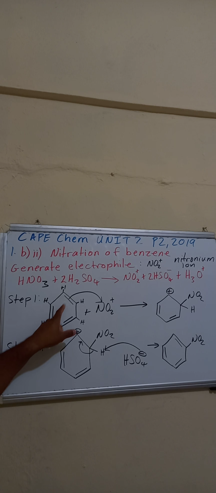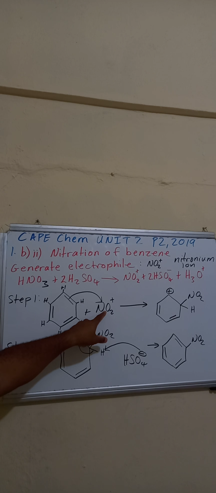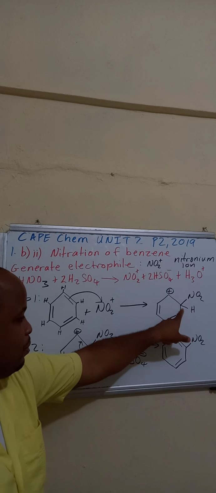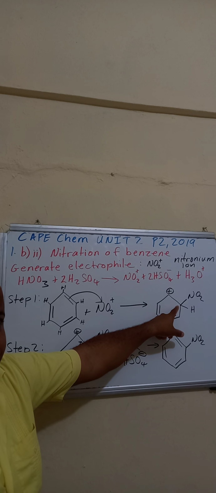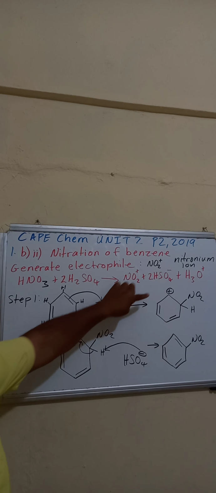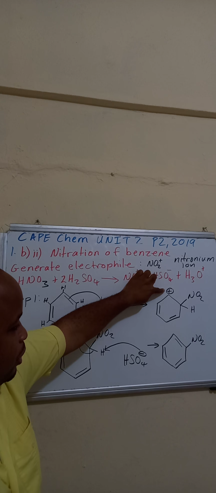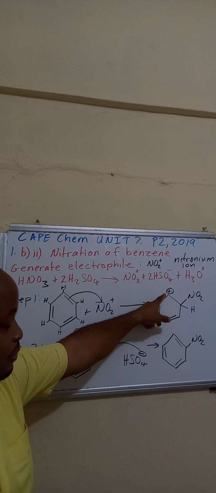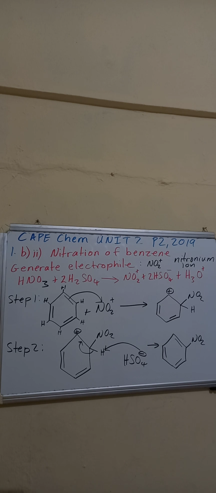So in step 1, the nucleophile is attacked by the pi electrons, and so you get the NO2 attached to the ring, right? Benzene needs to get rid of the positive charge to re-establish its stability. So when it gets the positive charge, it's not as stable as it was without it.